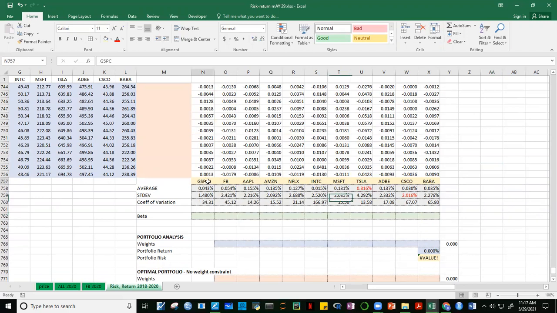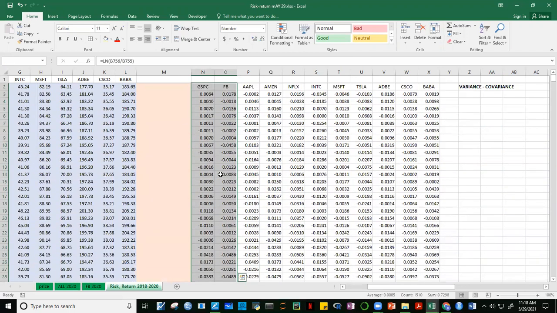In this case, GSPC yung gagamitin natin. So for example, which of these are the riskiest compared to the market? So ang ginagawa natin dyan guys is ipa-plot natin yung returns ni GSPC versus FB. No? So let's do that. Highlight natin si GSPC and FB.